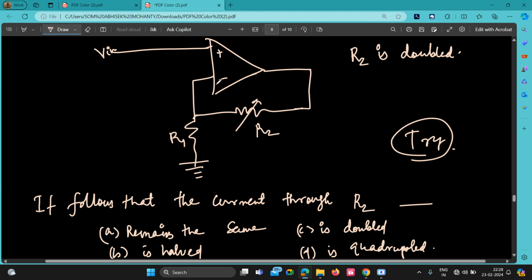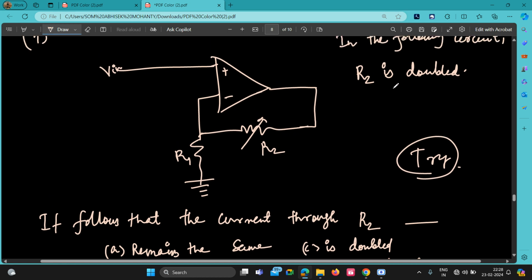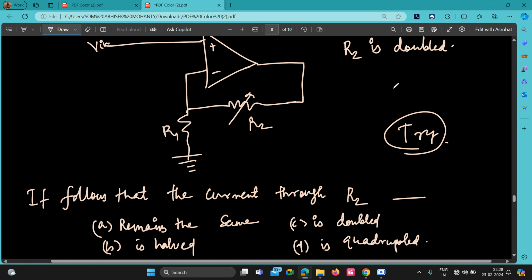See again, suppose current starts from here. As I said in the previous question, current into a diode is zero. So there will be no current in this path, right? All the current will go in this path only.